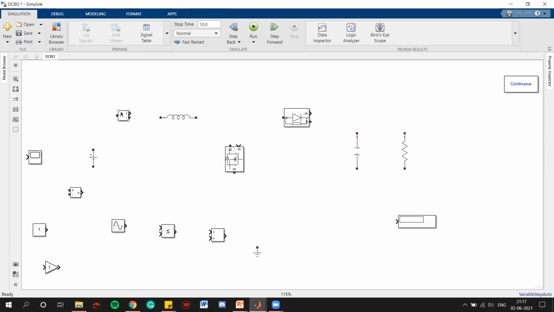So, and we will need one more current device here for the measurement of the load current, right? Here we have a measurement for the DC voltage. Here we'll measure the output voltage. We have scope here. So let's connect everything.